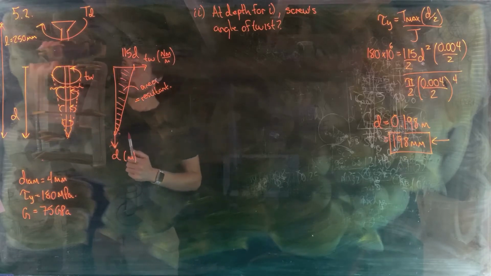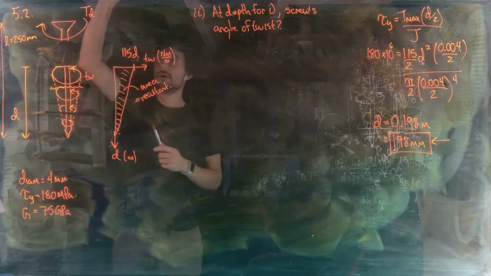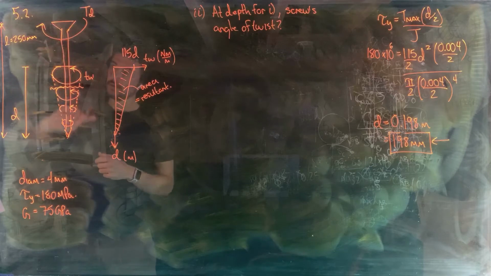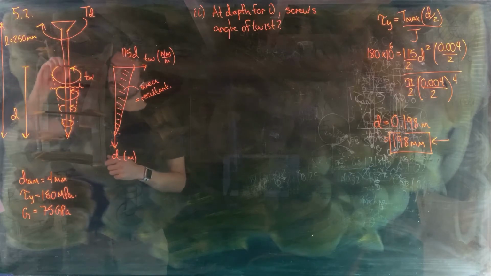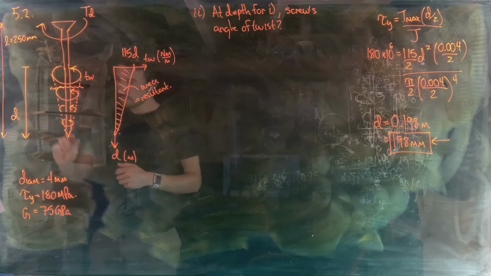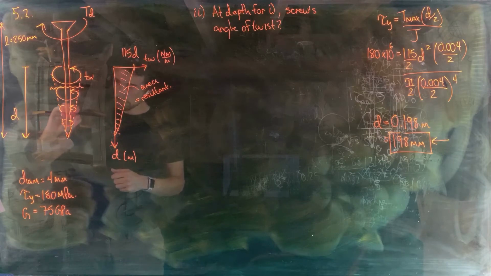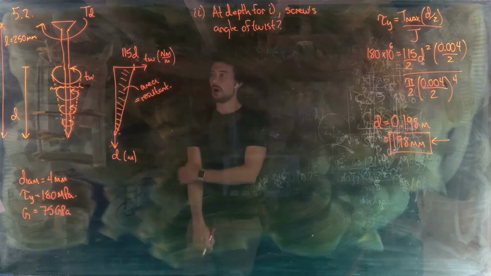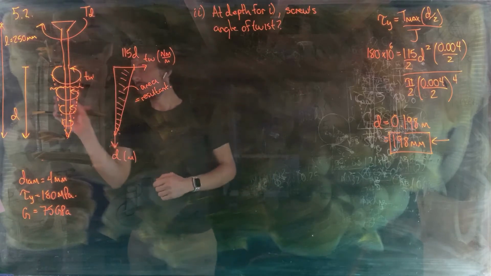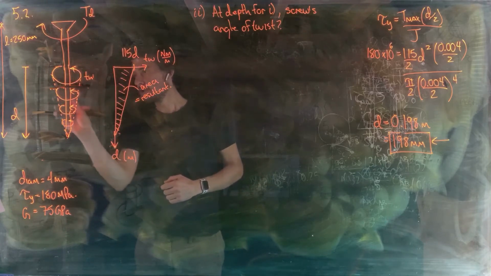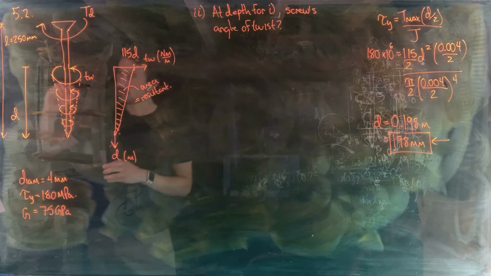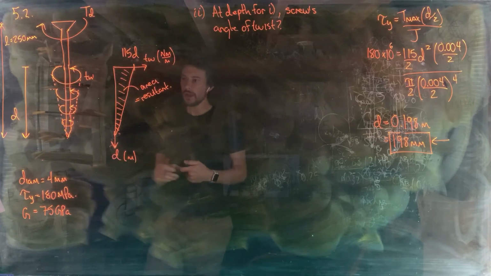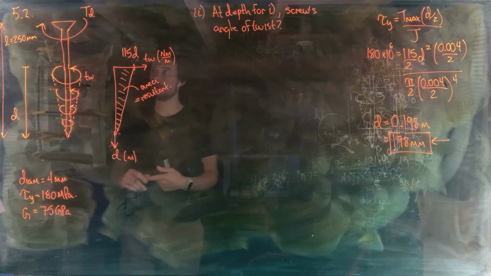All right, so let's connect the screw back together like this. Okay, there we go. All right, and we'll get rid of that section cut too that's shown through there. Okay, good. So we want the total angle of twist for the screw.